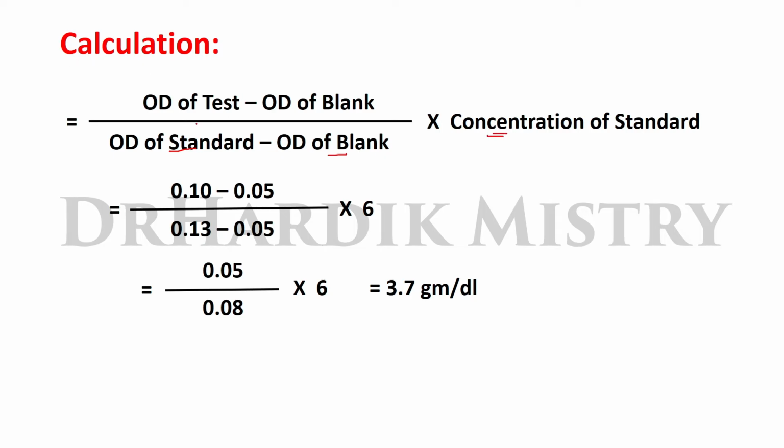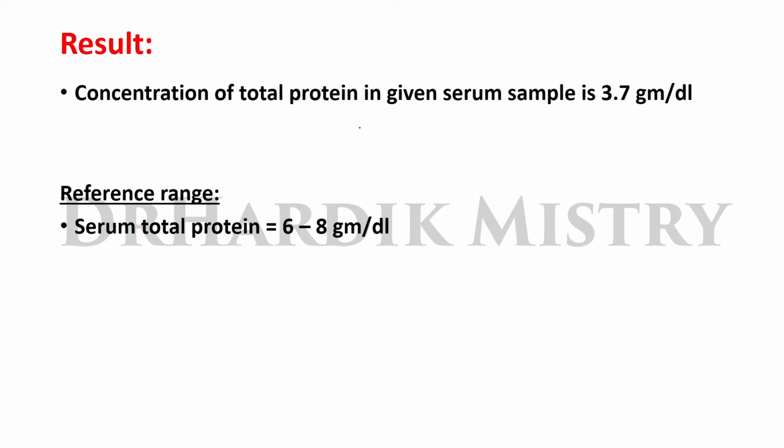So for this calculation, the values: 0.10 minus 0.05 divided by 0.13 minus 0.05 multiplied by 6. So ultimately it is 0.05 divided by 0.08 multiplied by 6, which is equal to 3.7 gram per dl. Concentration of total protein in the given sample is 3.7 gram per dl.